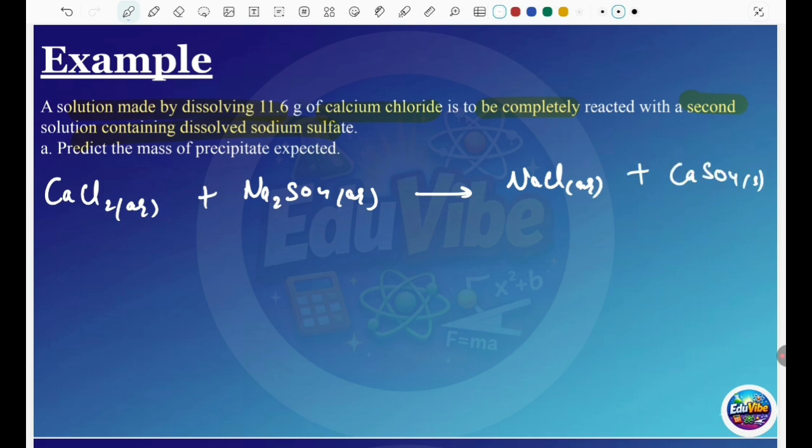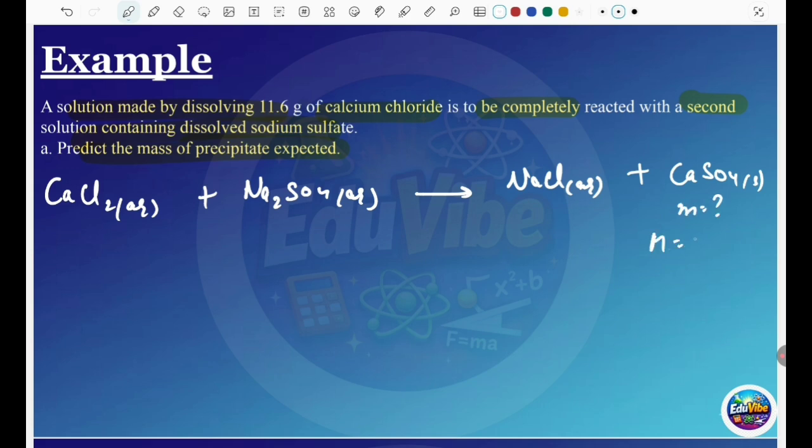You can check this in your solubility table, because you have to find the mass of the precipitate. In the products, CaSO4 is the solid, so you have to find the mass for CaSO4.